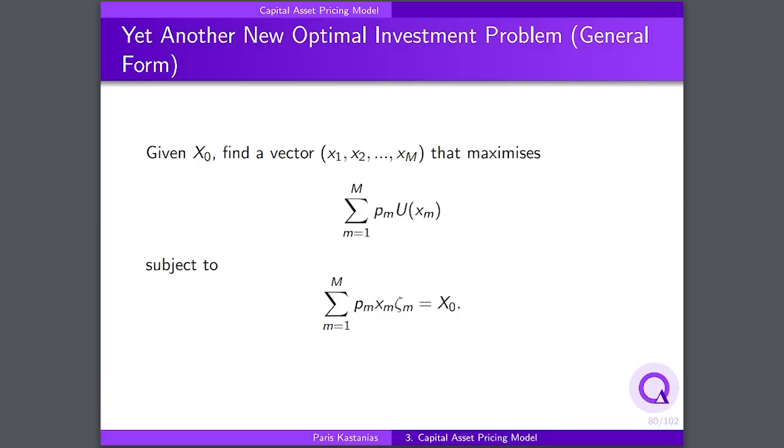Okay, so basically you have to subject this to this, okay? So it condenses into yet another optimal investment problem. This is like the general form of it.